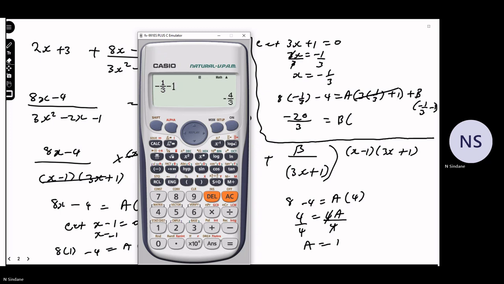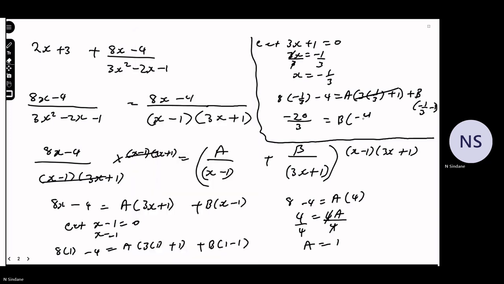That is the value multiplying b, which is negative 4 over 3. Then if I divide negative 20 over 3 by negative 4 over 3, my b equals 5. The value of b is 5.